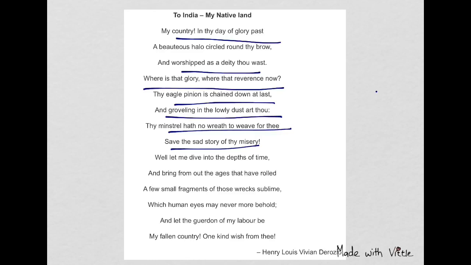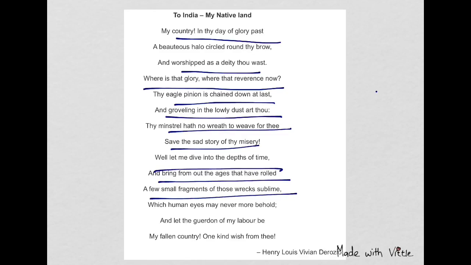Instead, the sad story of the past. He will dig into the past and will try to sing of some parts of the great history which is no longer available to the younger generation, which is no longer available to its countrymen.